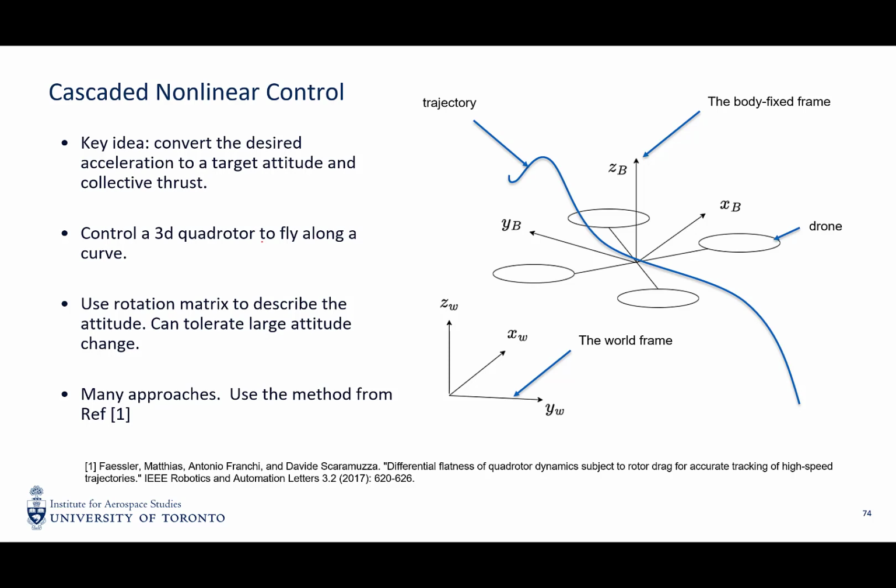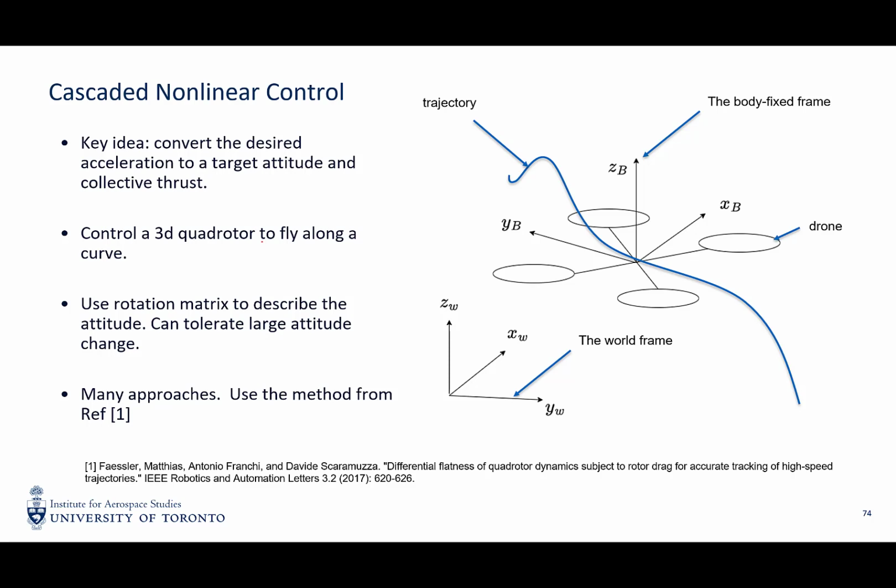Okay, the final part is about cascade nonlinear control. For the previous controllers for position stabilization or path following control, we used the small angle assumption. That is very constraining if we want to do high speed or agile maneuvers.